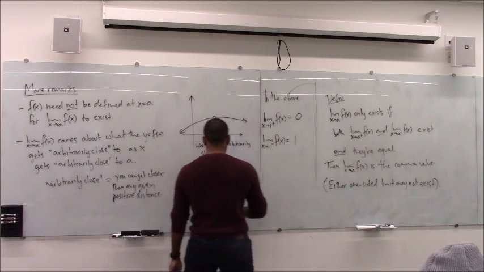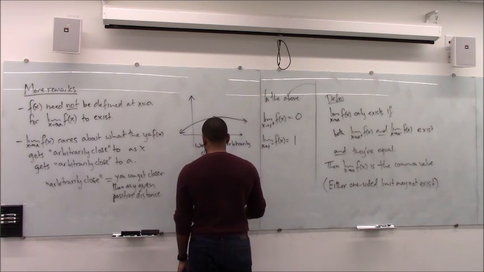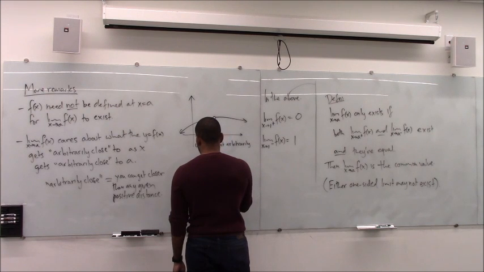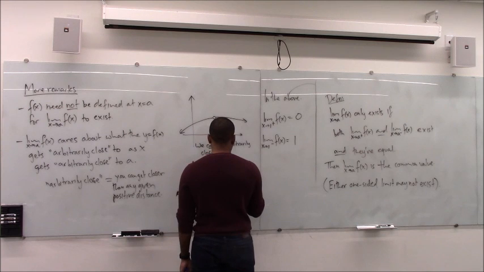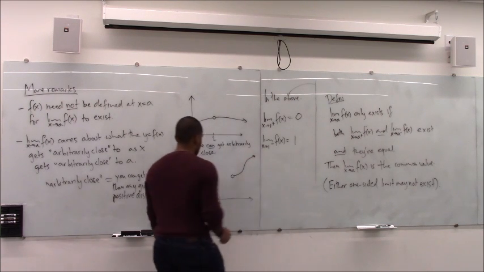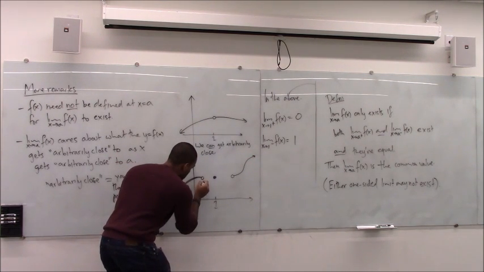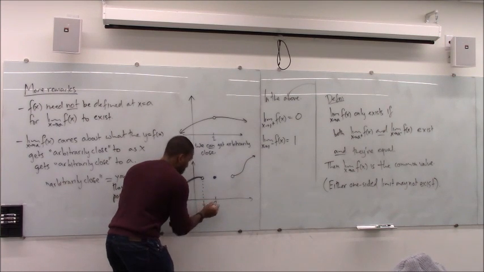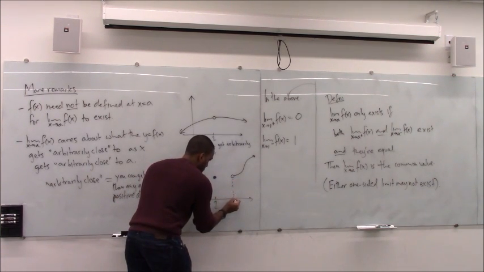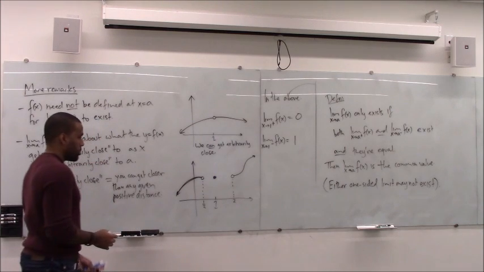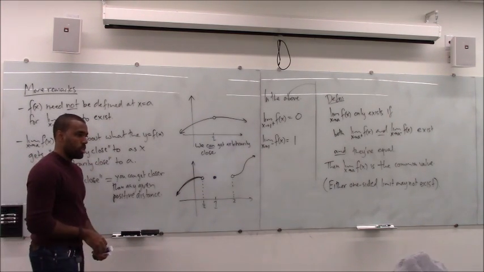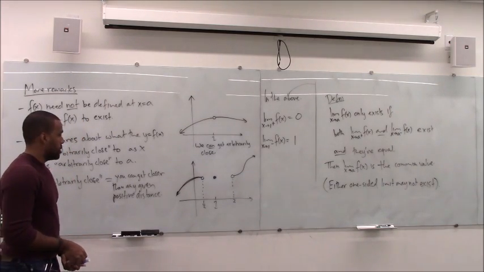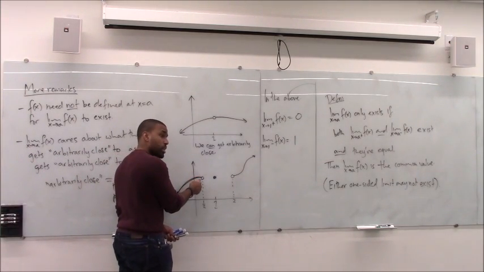Compare this to something that behaves like this. Here's a 1, here's my point, and there's like a gap here. Say you have a picture like that. Say this is at a half. This is at 2. Right? Now someone asks you, can we get to within a quarter unit of 1? Your answer would be no. So if I'm here and I say, can we get closer?